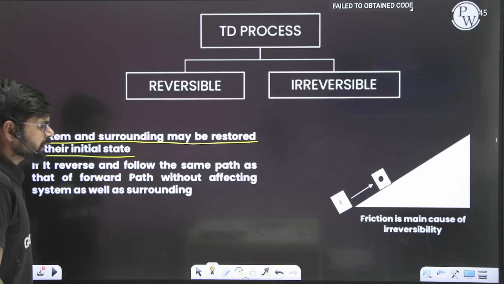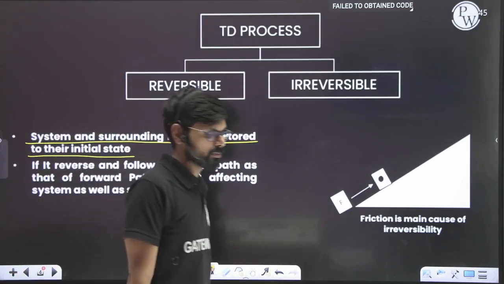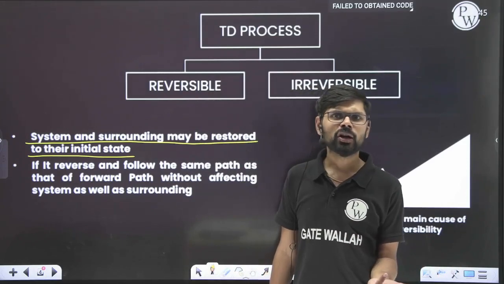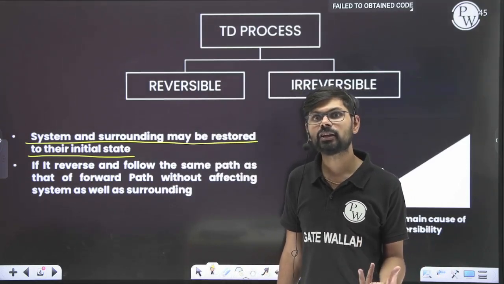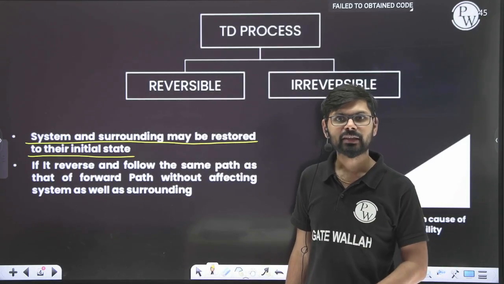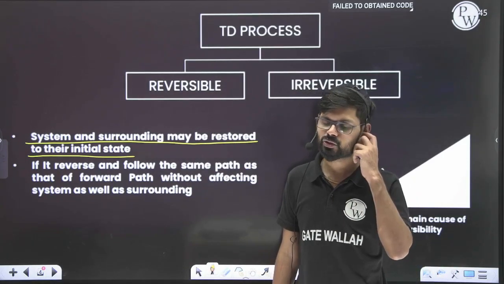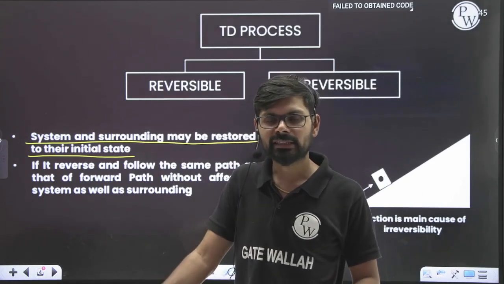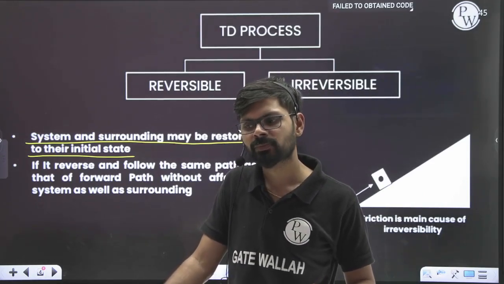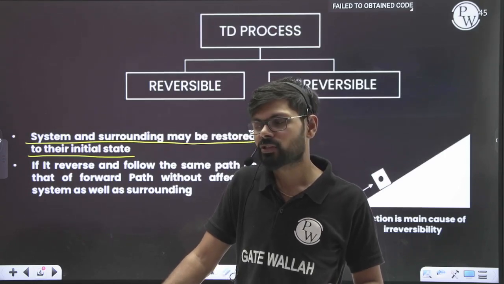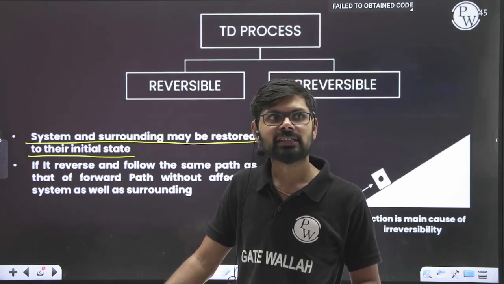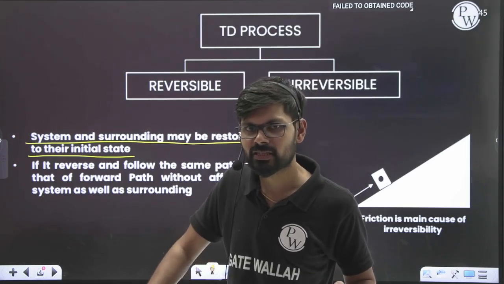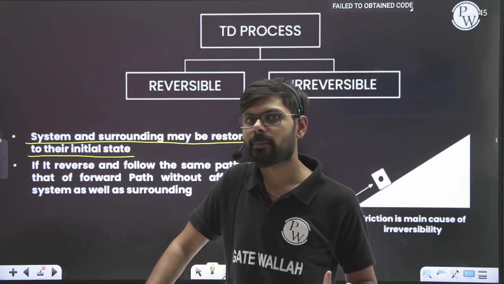Now the question is, when is it possible, how is it possible? Actually it is not possible, but theoretically, what are the conditions to achieve it? Basically two major conditions are there to achieve a reversible process. The very first condition is that if you reverse the process, then it must follow the same path.